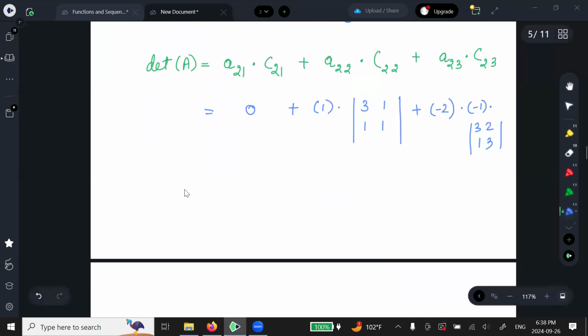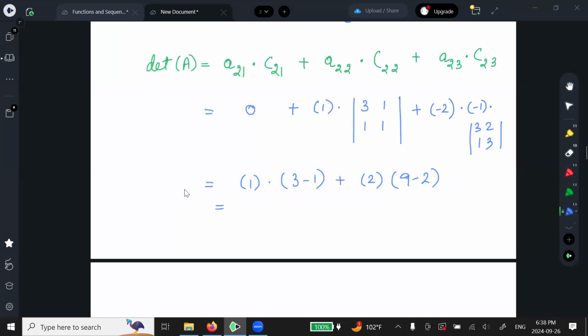So simplify, what do you get? Make sure you put brackets because too many things are happening here. So just make sure you segregate everything nicely. 9 minus 2, I get 2 plus 2 times 7, I get 16.